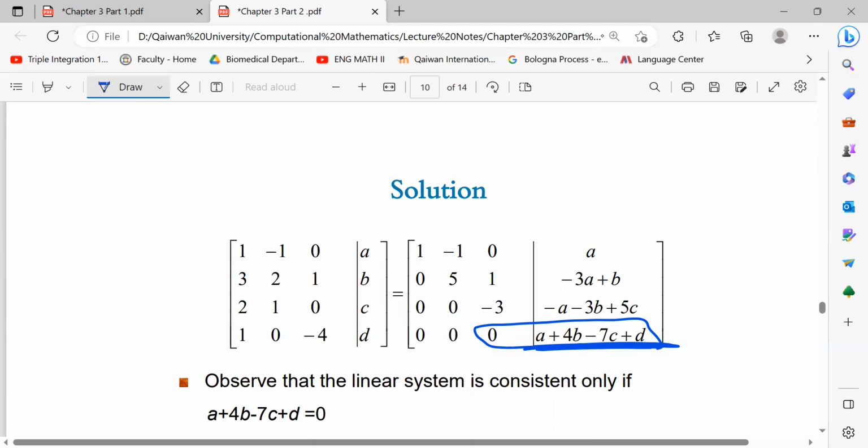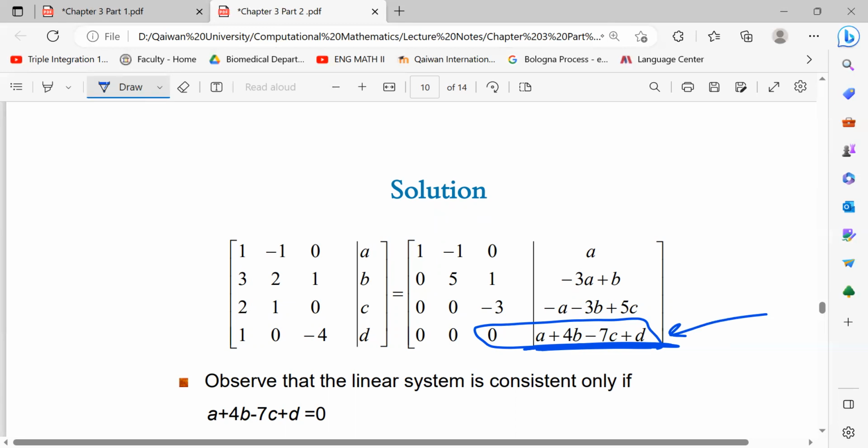So here we get some impossibilities. 0 equals a value. It's impossible. That means we don't get values for C1, C2, C3.